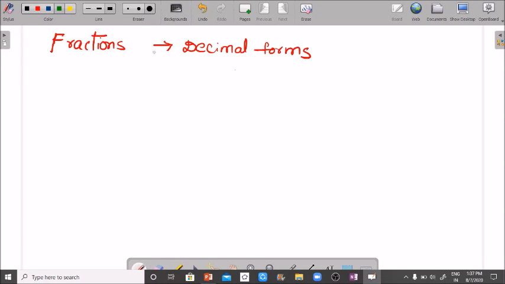If you take any p by q form, its decimal form is terminating or non-terminating repeating. Are all numbers like that? Maybe not.